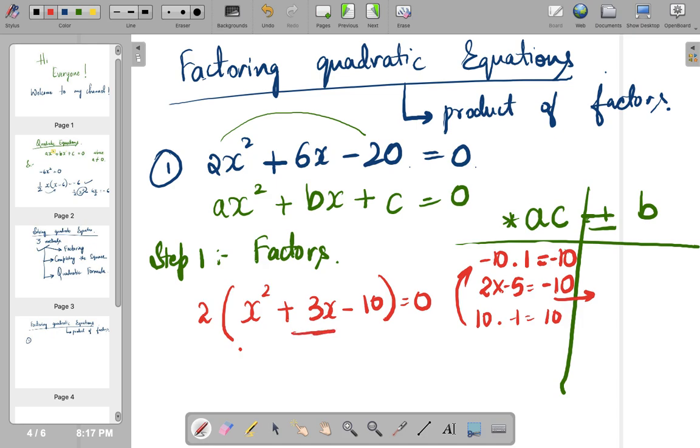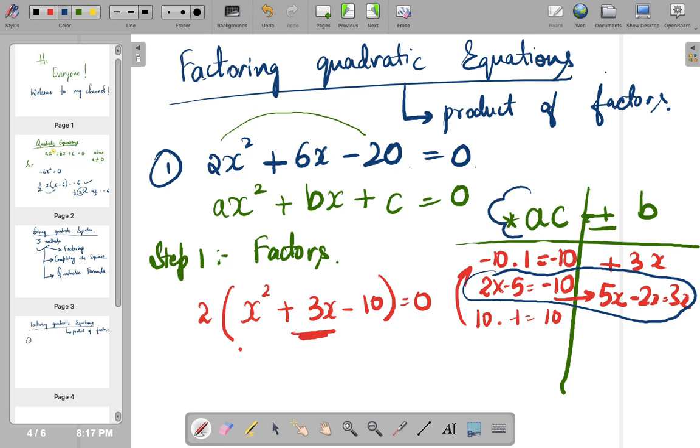We need to get plus 3x, correct? So 5x minus 2x is 3x. I'm using this particular term. So you need to find such factors such that the product is a times c, and plus or minus you need to get b. So you got 5x and 2x.